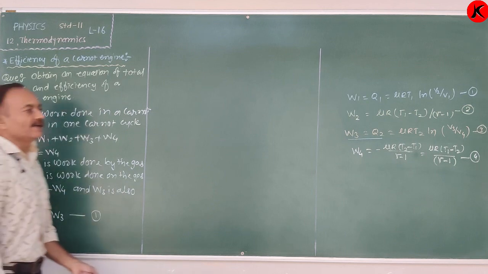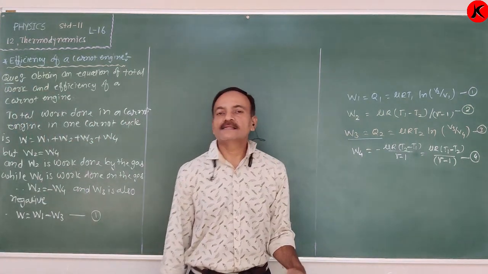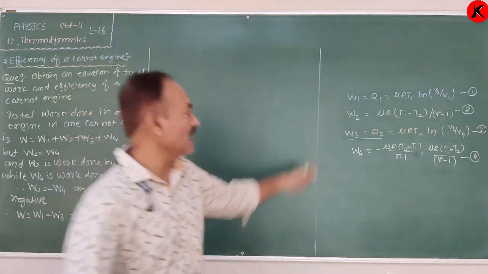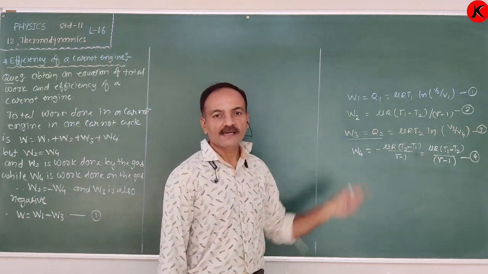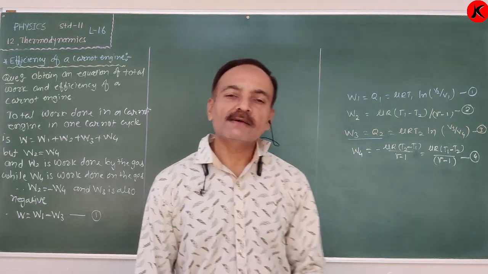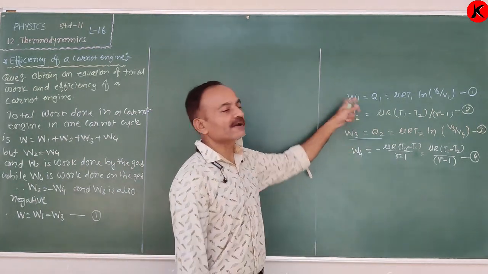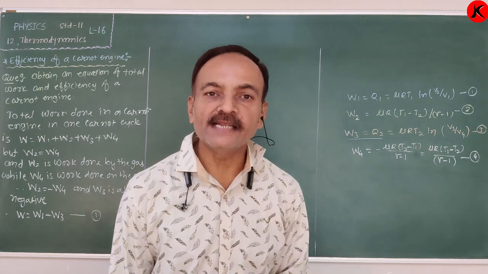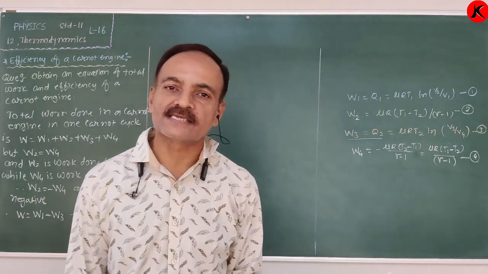Okay, so here W1 and W3 are the work done during the isothermal expansion and isothermal compression. During the isothermal process, the temperature remains constant, therefore the change in internal energy of the system is 0.